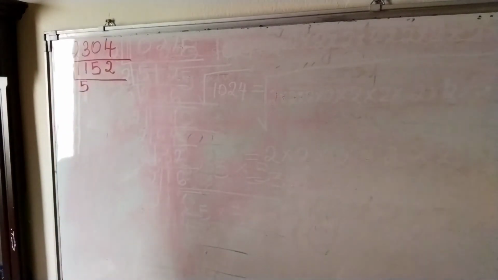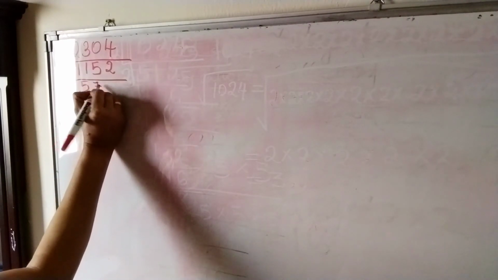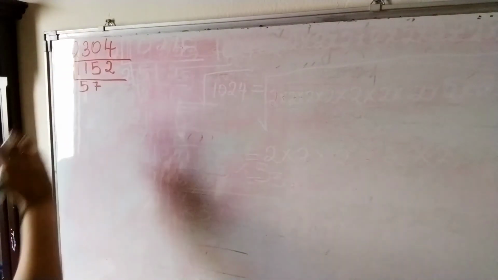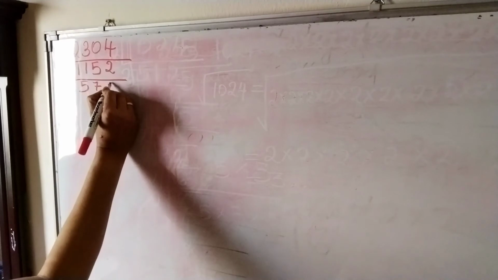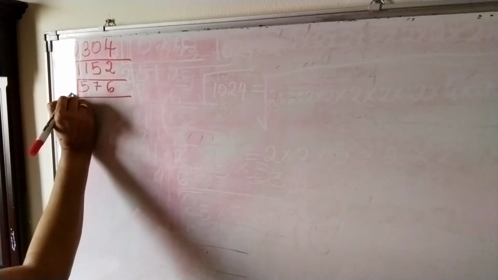Then 11 minus 10 is equal to 1, 15. 7 2s are 14. 15 minus 14 we get 1, 12. 6 2s are 12. Then again 2 will go.